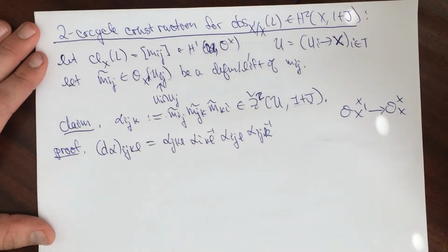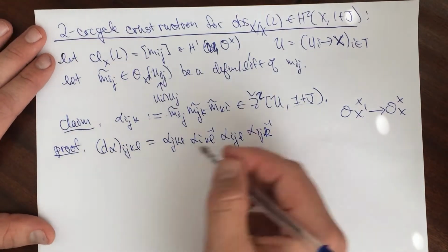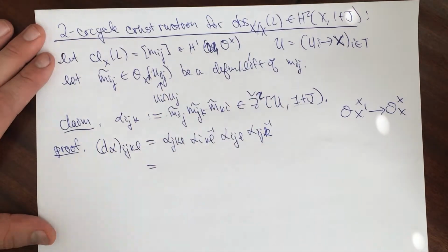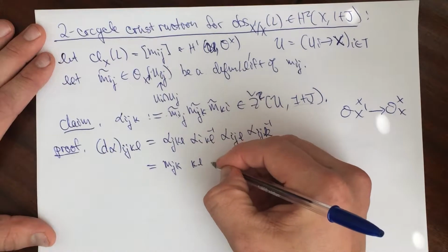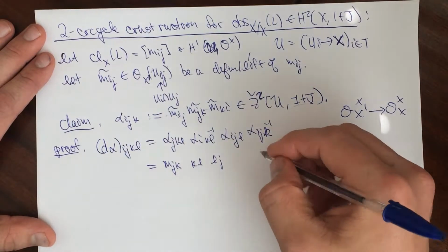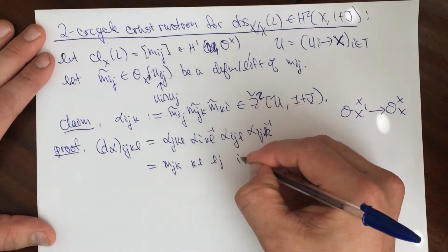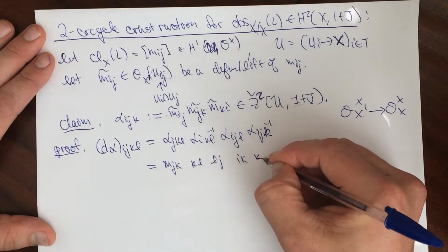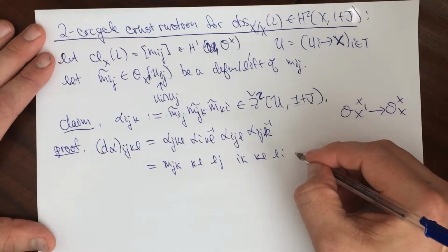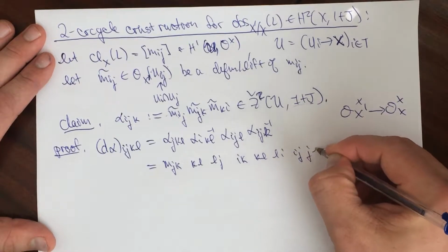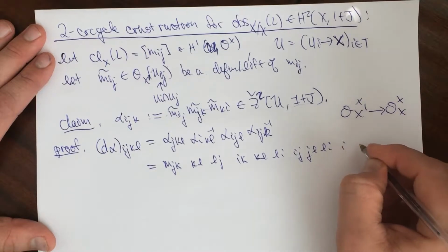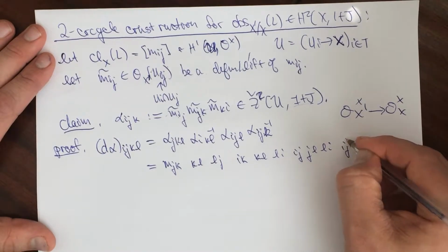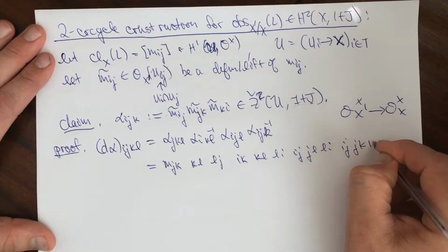So you do this alternating product of these things. Now I'm just going to write out the definition of this. It's a bit of a pain, but I'm going to do it. So Mjk, then kl, and then lj. Then ik, kl, li. Then ij, jl, li. And then ij, jk, and then ki.